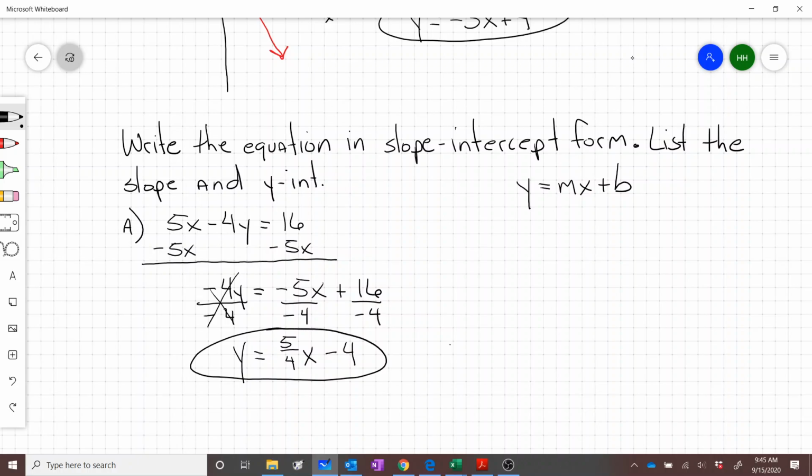The slope is your m. That's 5/4. Your y-intercept is -4.